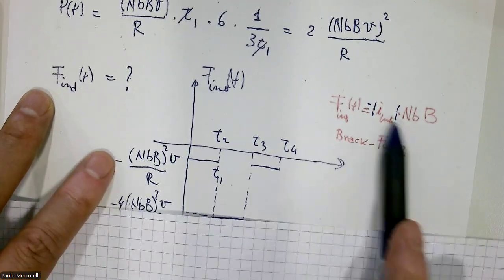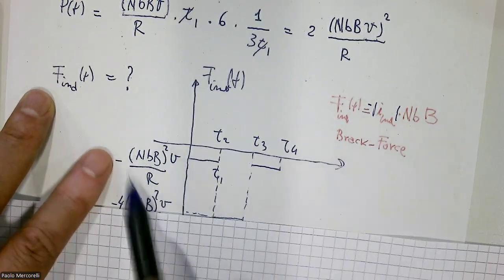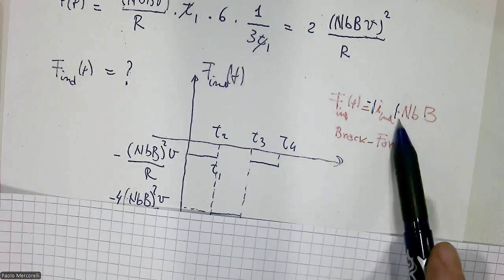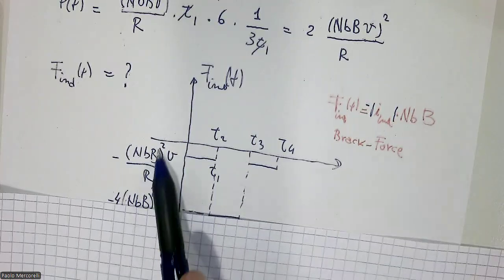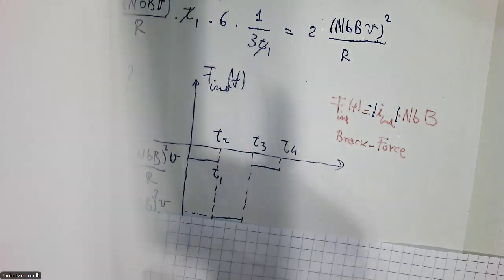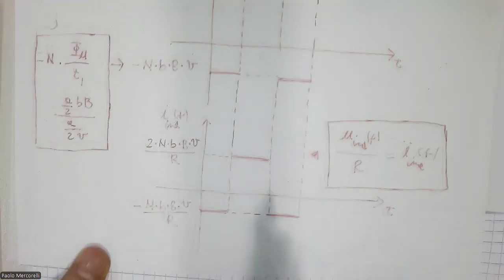So we can write it like this, or better to say, as before, the brake force is exactly this without square. Let me look. If I multiply by n b not capitalized, b capitalized, I have a square in this part here.